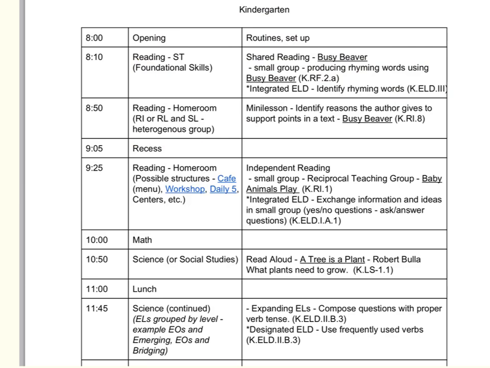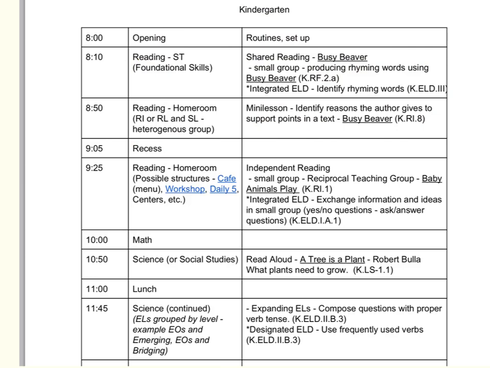So for this example, we thought it would make sense to continue with Busy Beaver, but now we're focusing on a standard from the reading informational text, looking at the reasons the author gave to support points in a text, which is a bit different focus from the foundational time.